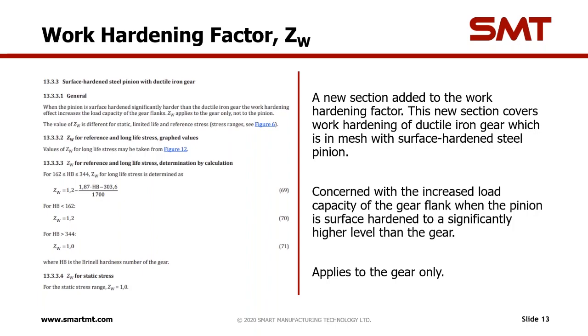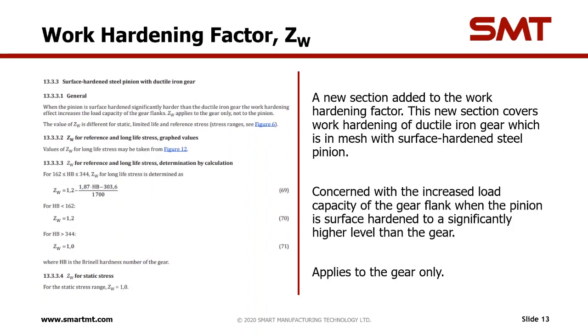The work hardening factor is increased capacity of the gear flank when it's in mesh with a significantly higher hardness gear due to the work hardening effects.